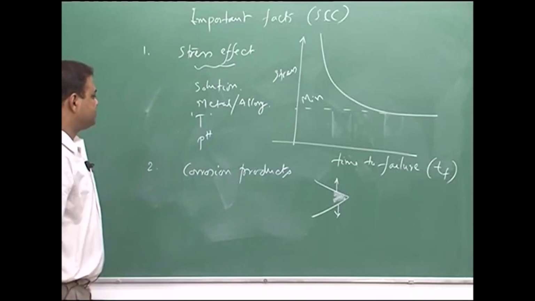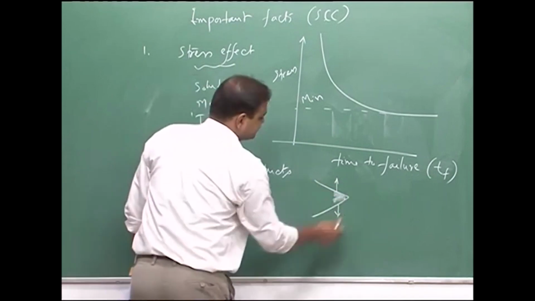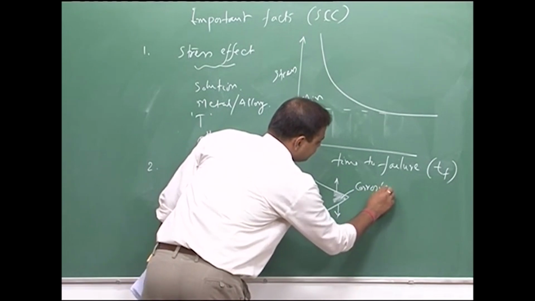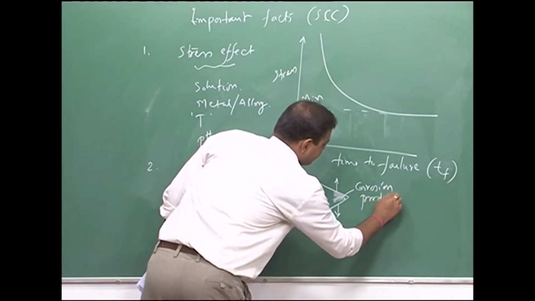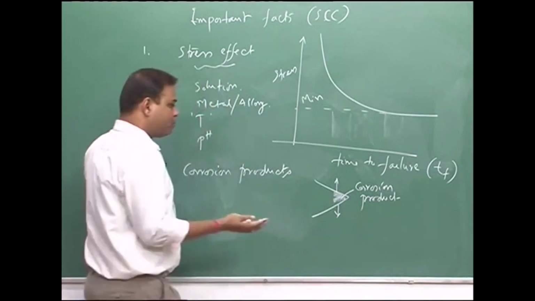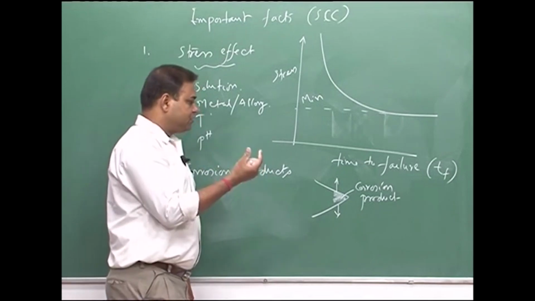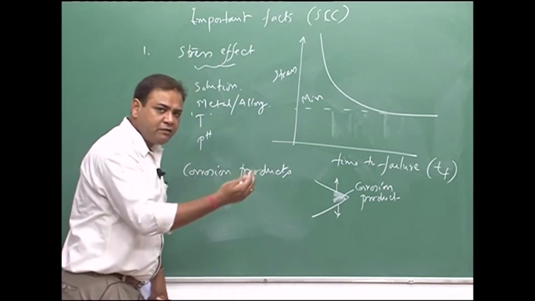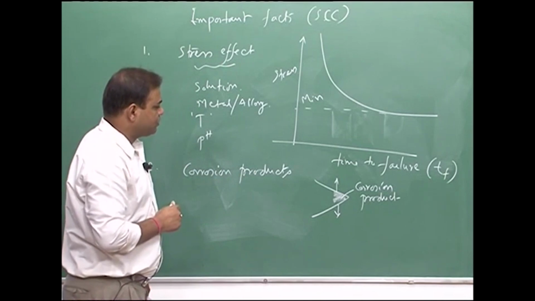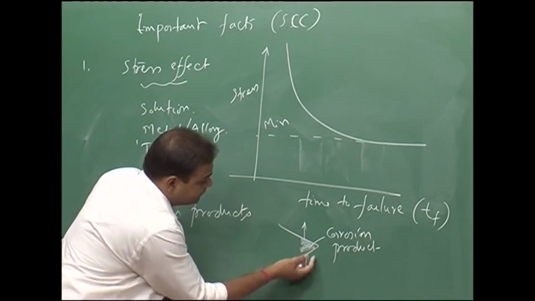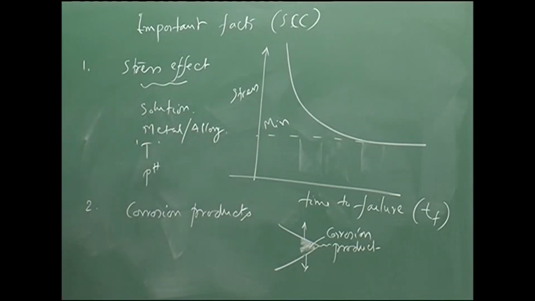So, that could lead to further extra growth that would enhance the SCC. Because of this corrosion product, if the volume of the corrosion product is more than the metal which is getting reacted with the solution and forming that corrosion product, then that would push this crack tip, the two parts of the crack tip, and there could be extra growth or the enhancement of SCC.